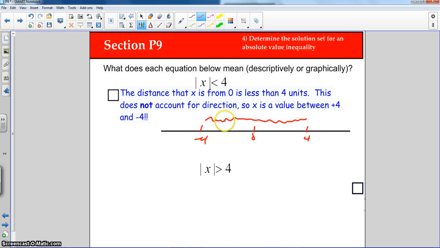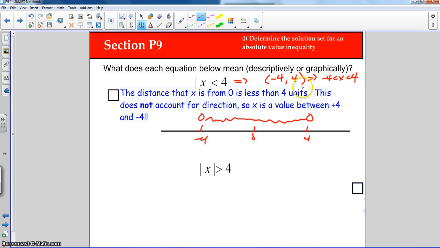We don't know. So really what this is saying is that this is equivalent to saying that we are in the interval -4 to 4. Okay, and again, you'd have open circles here. Alright, and again, representing this, we would say that -4 is less than x is less than 4.